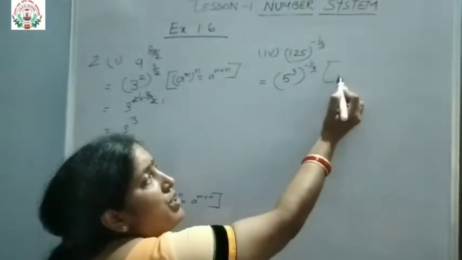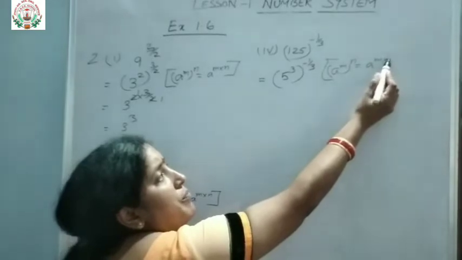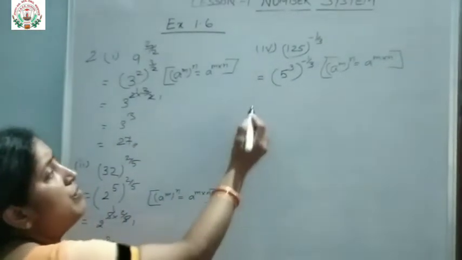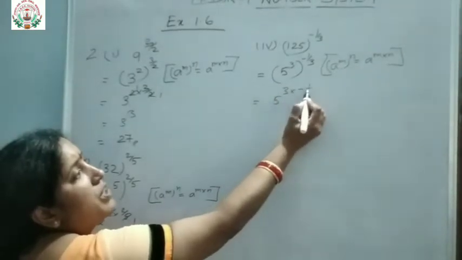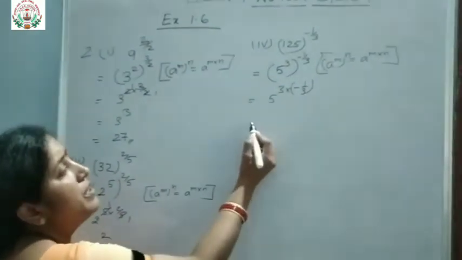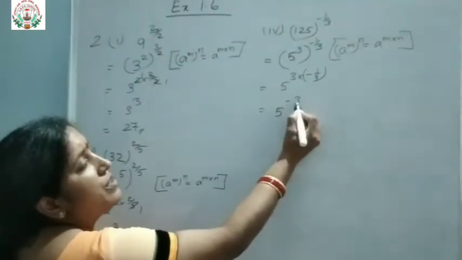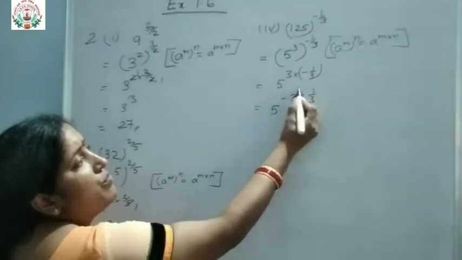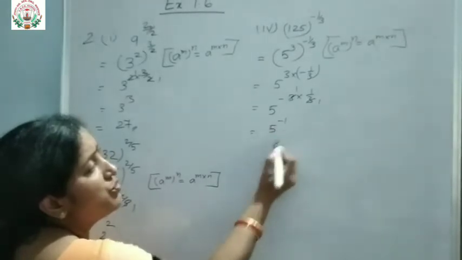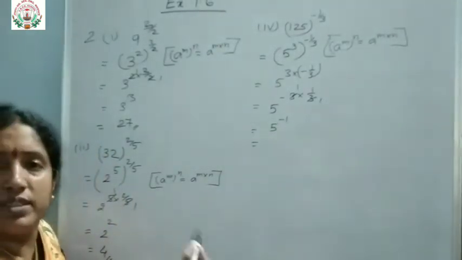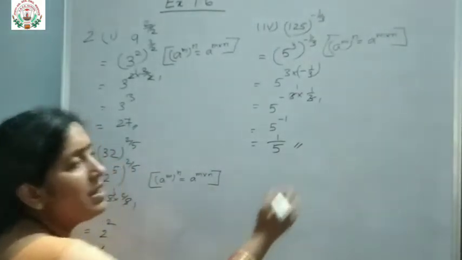Now again use the same formula, a to the power m whole to the power n equals a to the power m into n, which will be 5 to the power 3 into minus 1 upon 3. The minus will come to this side: 5 to the power minus, 3 into 1 upon 3. 3 ones are 3, both are divisible in the 3 table. So it will be 5 to the power minus 1. Minus 1 means you write the reciprocal, so 1 upon 5. This will be the answer.